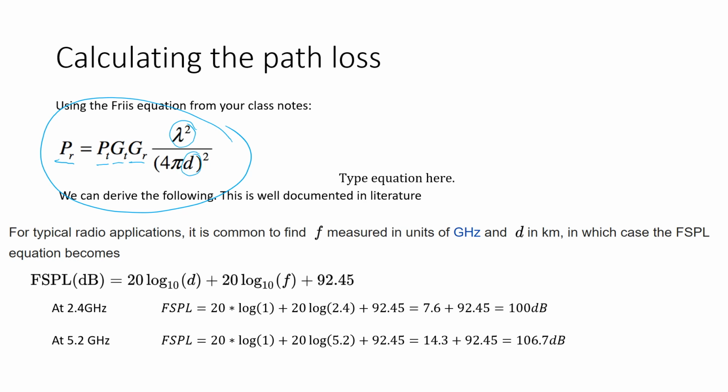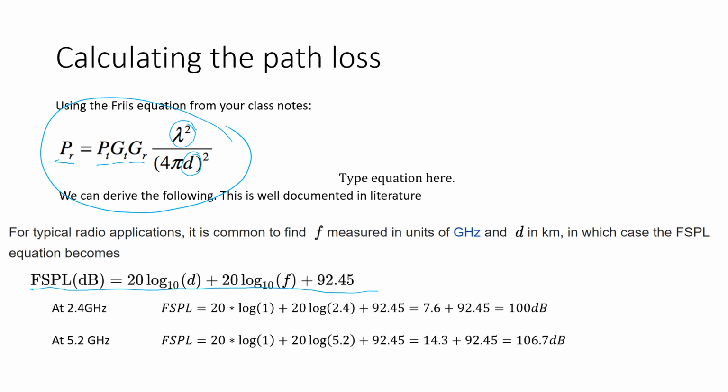Now, often we have a more user-friendly rearrangement of that equation where we can calculate the free space path loss in dBs. So we have this equation that I'm underlining here, which is a standard equation you can find in books and on the internet. It's just the path loss.